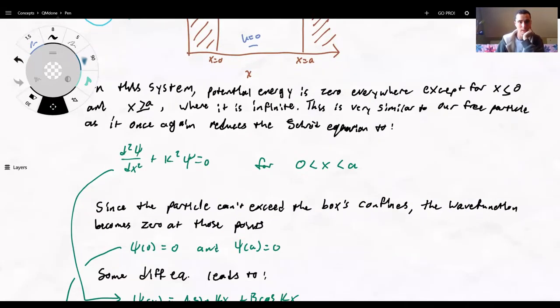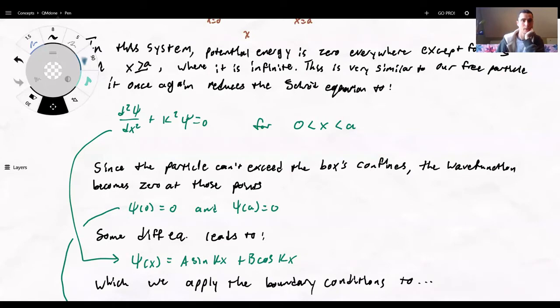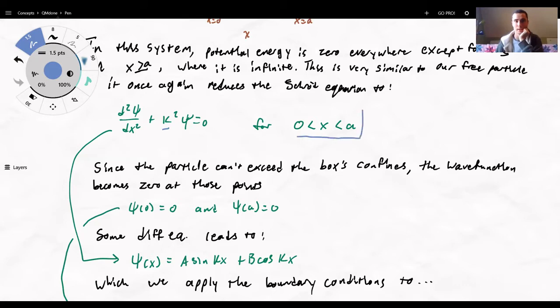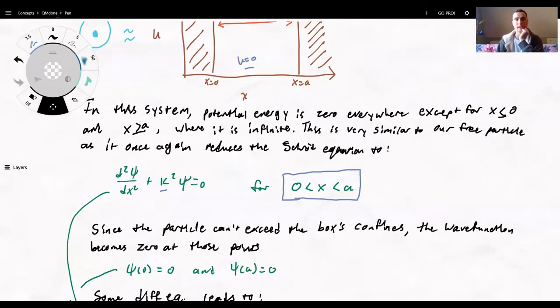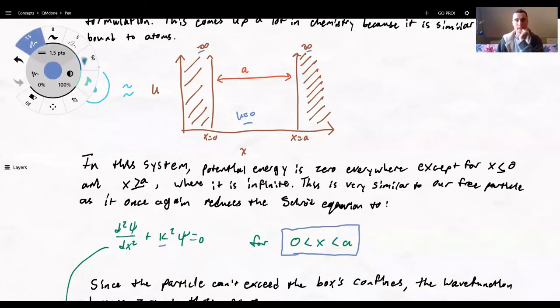Okay, so let's start again. We have our Schrodinger equation again. Notice that it's the k squared form, so we've already simplified it a good bit. And that is true for the bounds of the box, so 0 is less than x, which is less than a. And now, since the potential energy is infinite outside of this box, as soon as you cross this line, the potential energy becomes completely insurmountable.